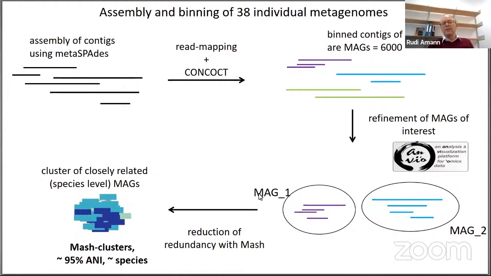So what we do is metagenome-assembled genomes, MAGs. The MAGs of the 38 time points are coded here once again as rectangles that are close or distant from others, and a cluster distance of 95% average nucleotide identity indicates that these are likely strains of one species.